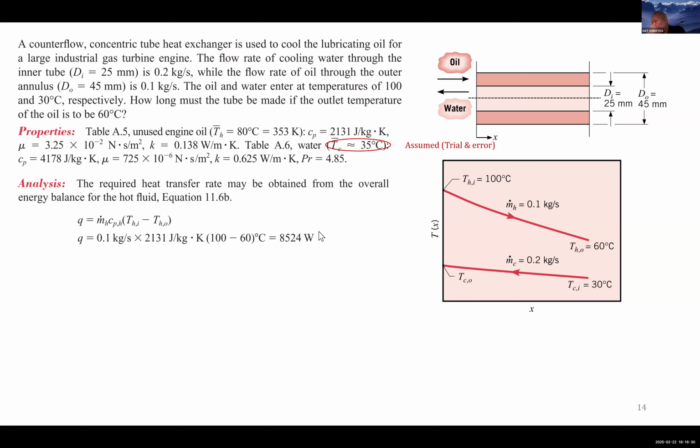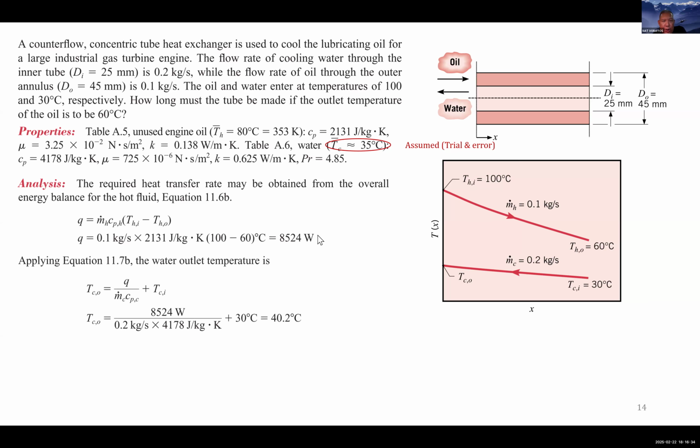So this is the Q that the hot fluid lost, and 100% of this is going to go to the cold fluid, for which you already have another equation set up. Q equal to m dot Cp_c times (TCO minus TCI). Rearrange the second equation, and you're going to get TCO equal to 40.2.